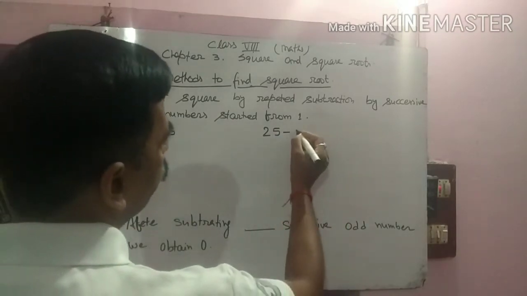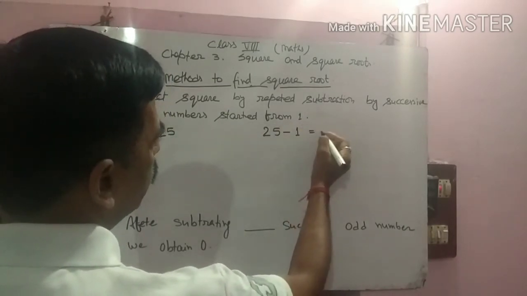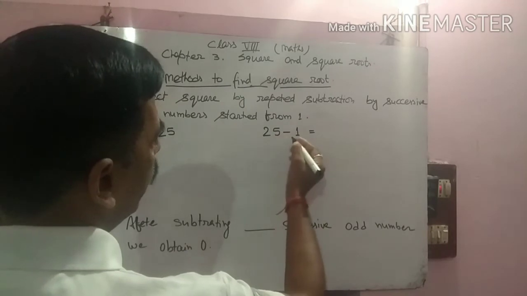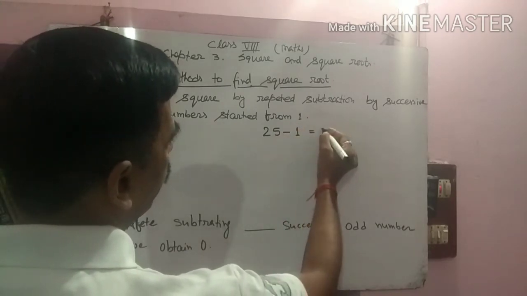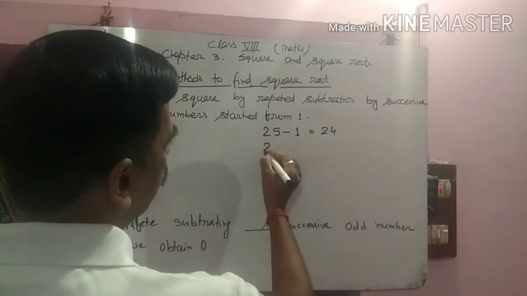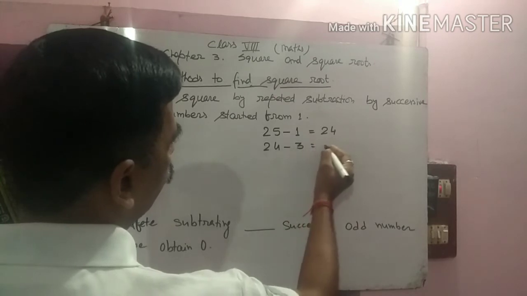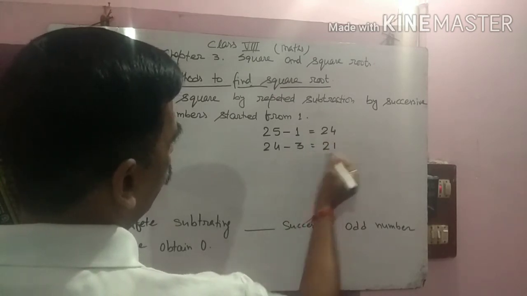The first odd number, which starts from 1, is 1. If we subtract 1 from 25, what do we get? 24. Then 24 minus 3 gives 21.